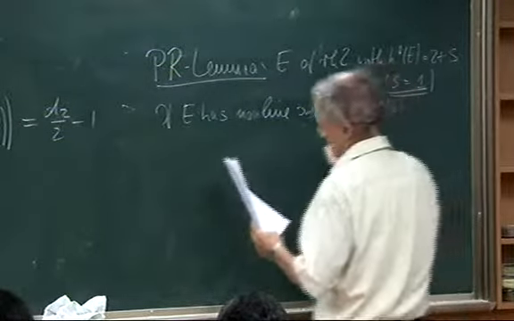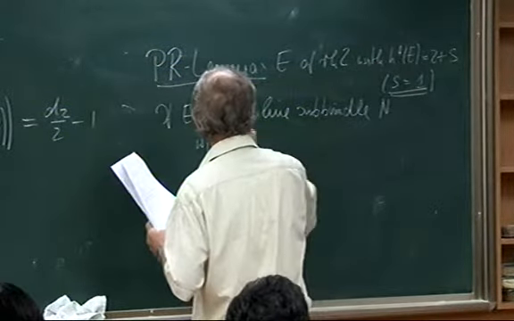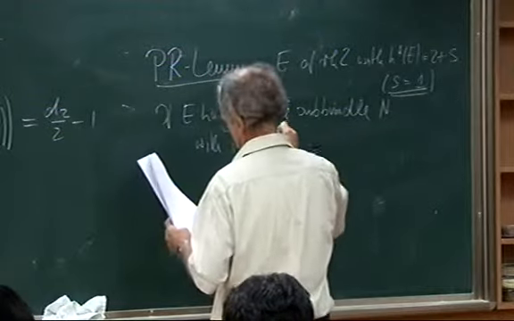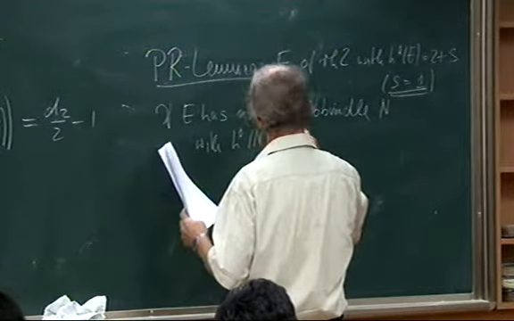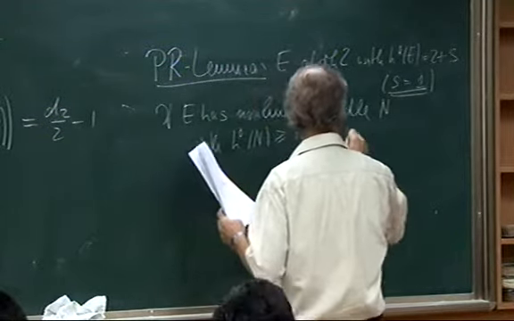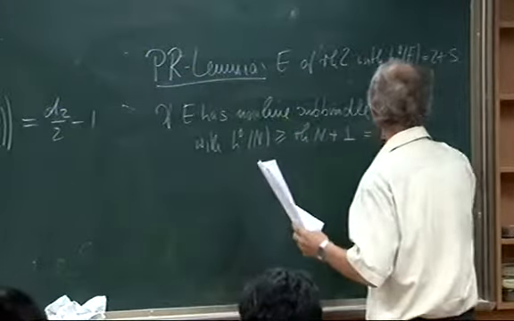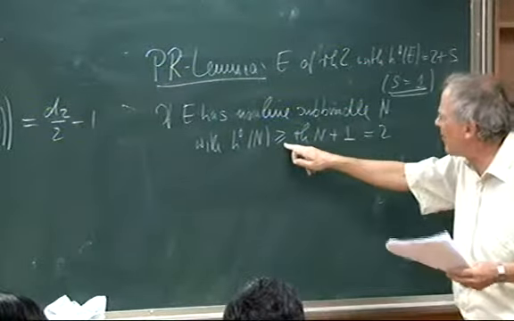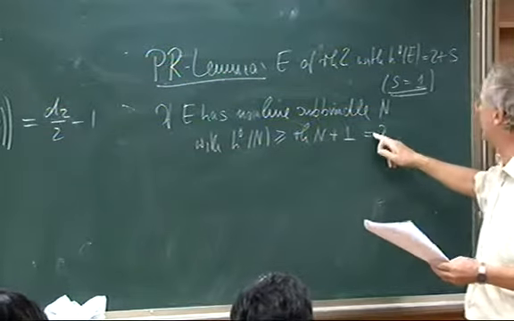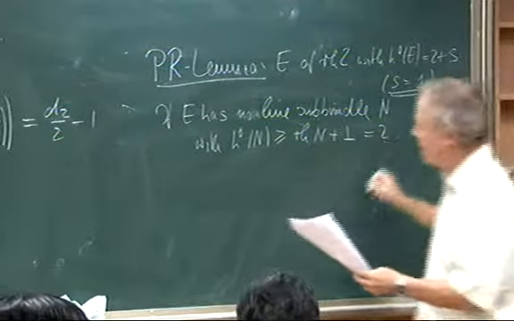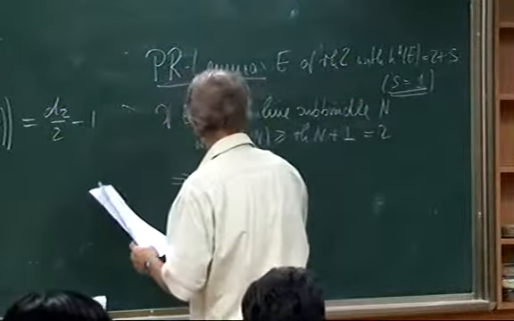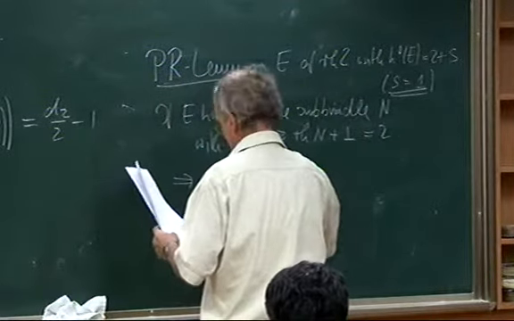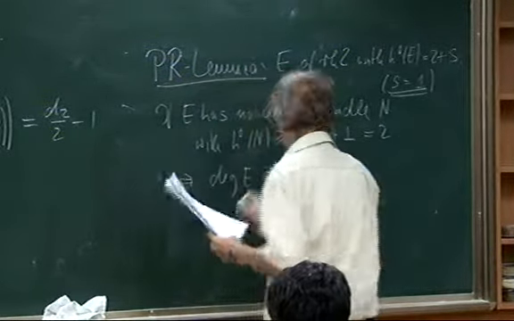N with h0 of n greater or equal to the rank of n plus 1, which is actually now 2 here. We had here greater than rank, and this is the same here, right? Which is now equal to 2. Then the statement was degree E is greater or equal to d_n s.